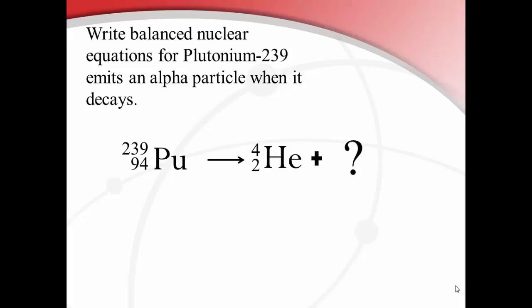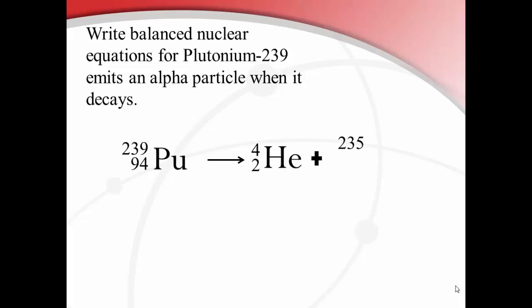To determine the new element, we use the idea that the total mass before the change must equal the total mass after the change. So 239 must equal 4 plus an unknown number. 239 equals 4 plus 235.